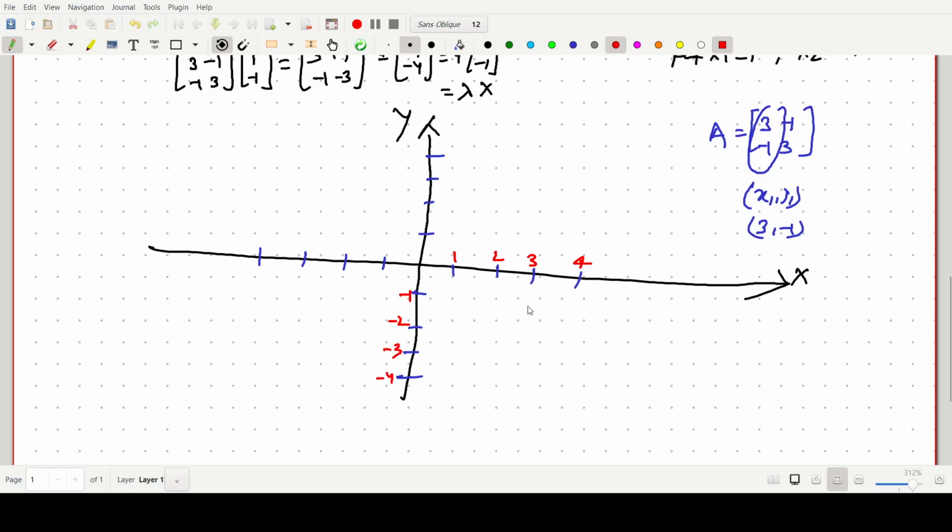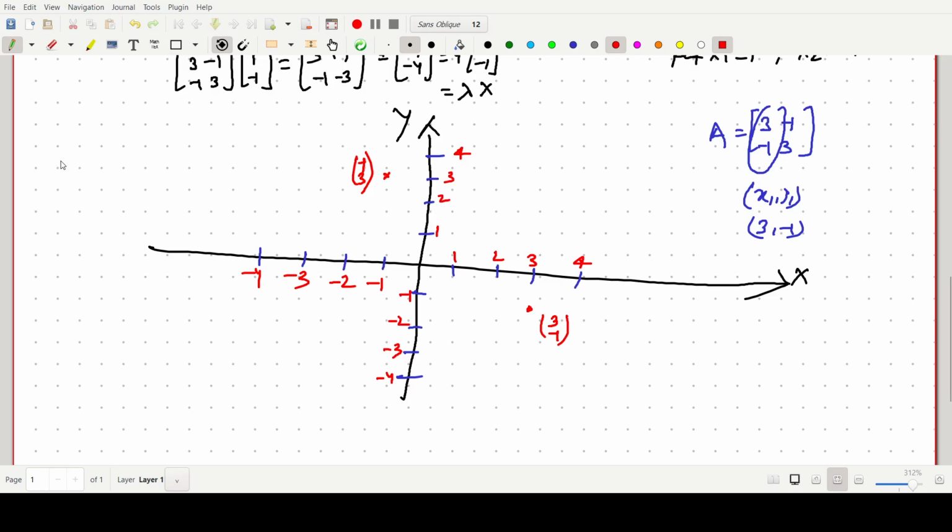So 3 and minus 1 is a point here. Then the other one, minus 1 and 3, will be another point, so you can write minus 1 and 3.